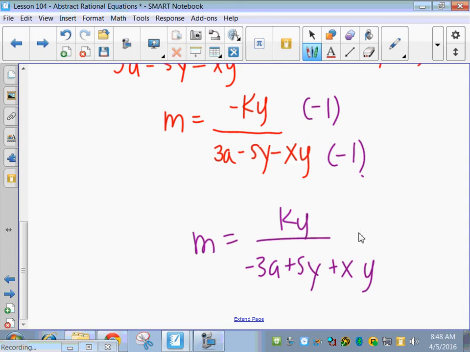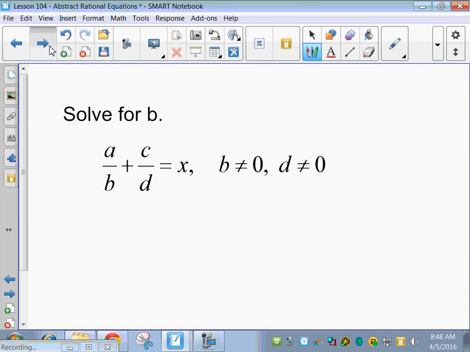So if it changes everything exactly opposite, every single term would be opposite. Okay, that means you got it right. So when you're checking, if it's the same thing where everything is multiplied by a negative, then you still did it correct.